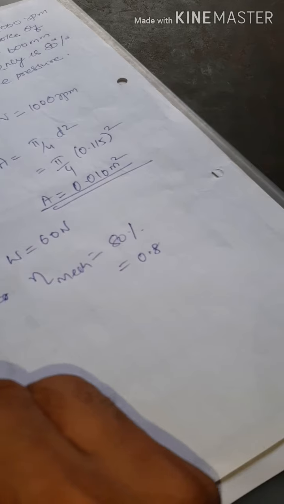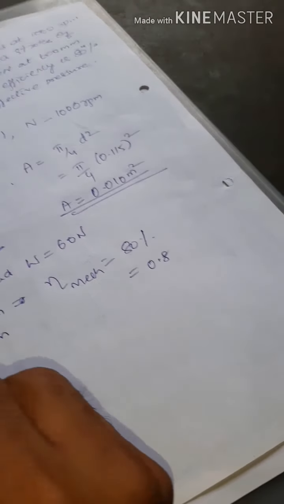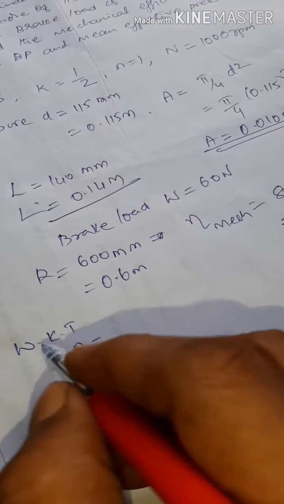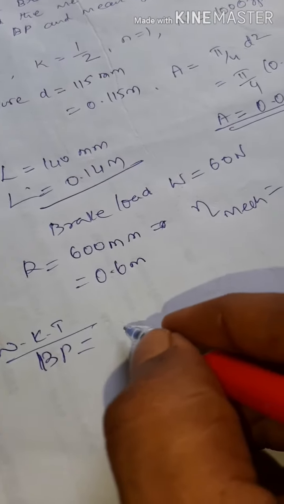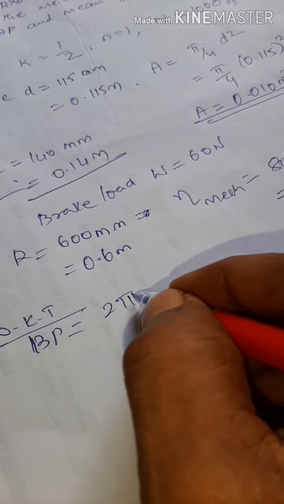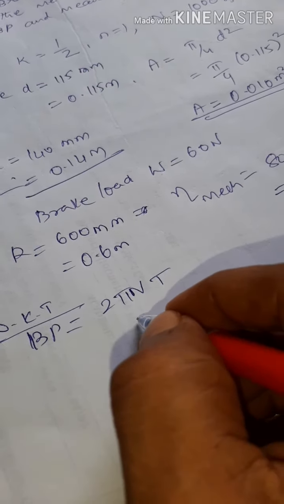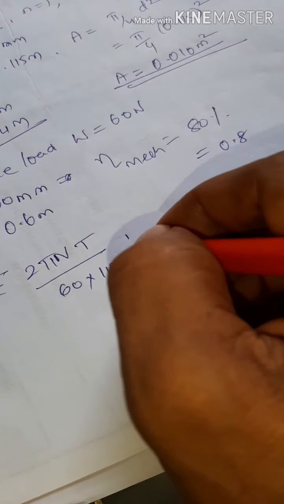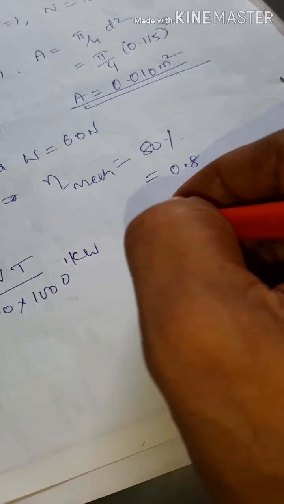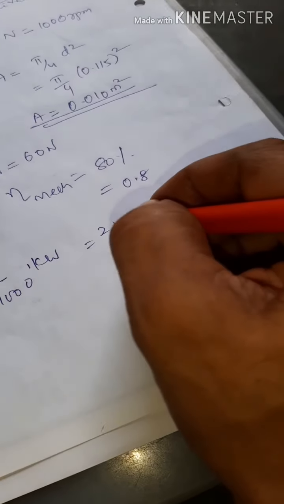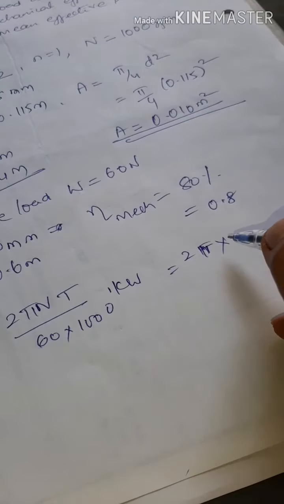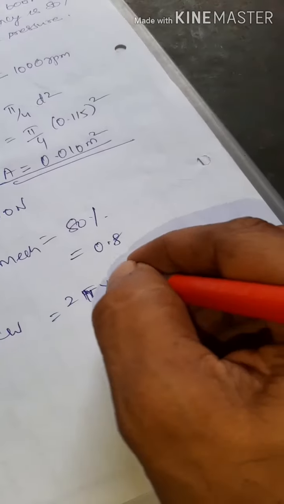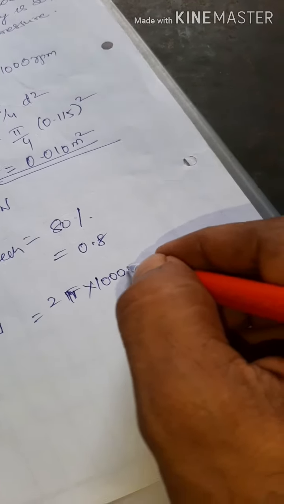Now we have to find out the brake power. We know the brake power formula: BP is equal to 2 pi NT by 60 into 1000 kilowatts. So substitute 2 pi into N, where N is 1000 rpm, into the torque value.